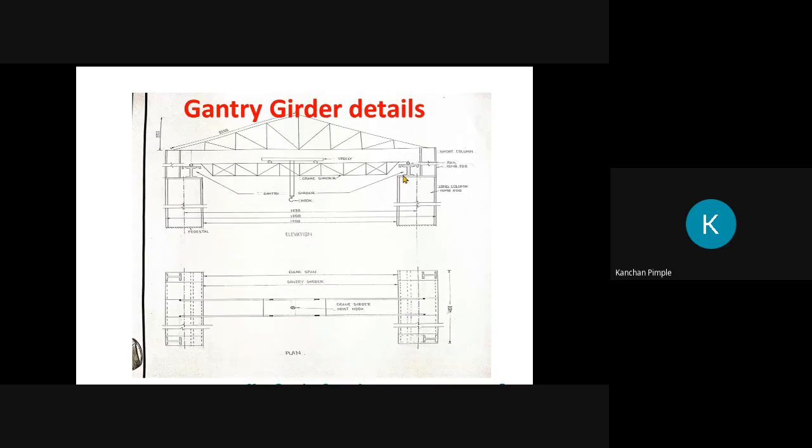And what type of column is used to support the gantry girder? What type of column will be provided to support the gantry girder? Here in this case we provide a step column if the load is heavy. Is there any other way to support the gantry girder?